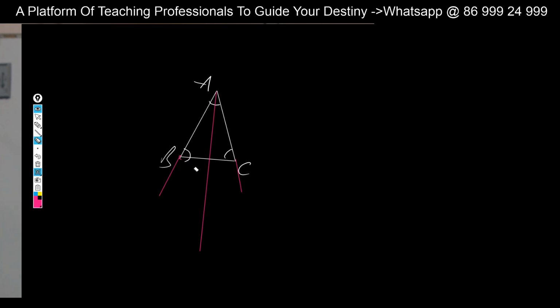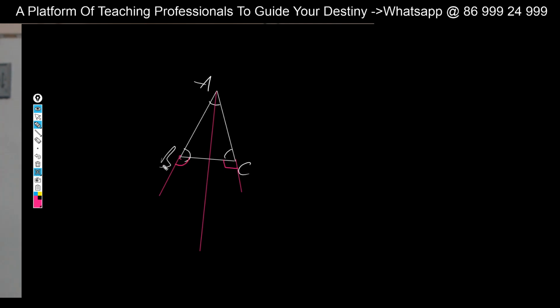What does it mean by external angle here? If this internal angle is 60 degrees, the external angle becomes 120. If it is 30, it will become 180 minus 30, 150.